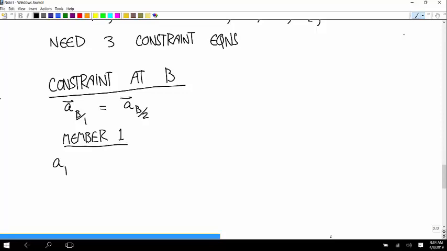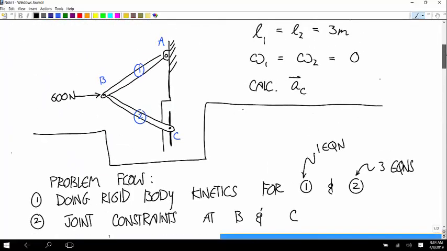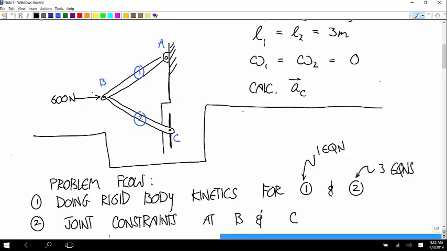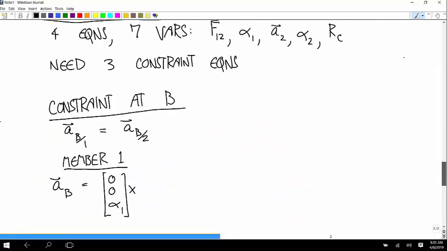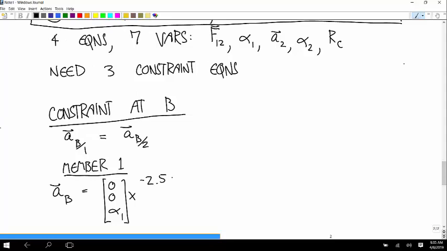The acceleration at B, according to member 1, this one has a fixed point, so we don't have to use relative motion. It's just circular motion around that fixed point. So we have 0, 0, alpha 1, crossed with the r vector from the center of the circular motion to the point in question. So that r vector, this point is moving in circular motion around A. So that has to be negative 2.598, negative 1.50.